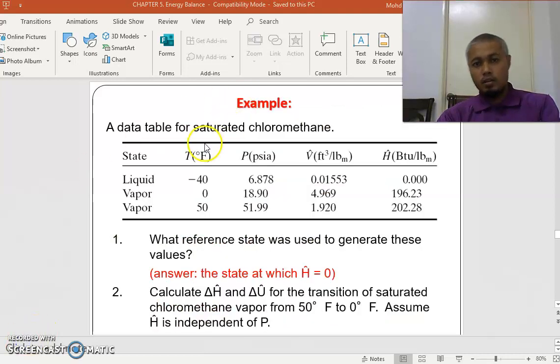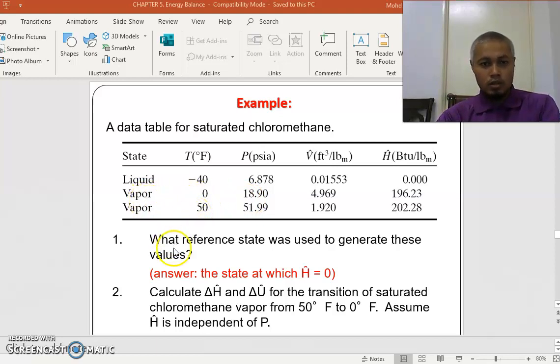We have a data table for saturated chloromethane, where the states are liquid and vapor. At -40 it is in liquid form, the pressure is 6.878, the specific volume is 0.01553, and the enthalpy is 0. Look at other values at other conditions.